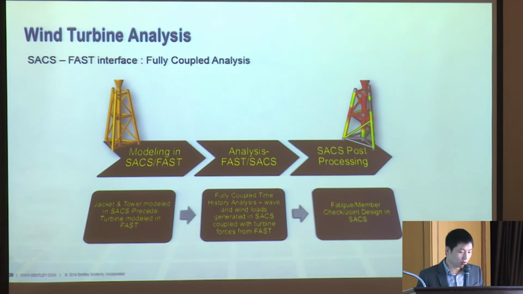Then the MIS module will make a fully coupled time history analysis. The wave and wind node loads are generated in SACS, and this time history node load will be coupled with the turbine forces from FAST. 여기서 fully coupled time history 해석이 이루어지는데요.